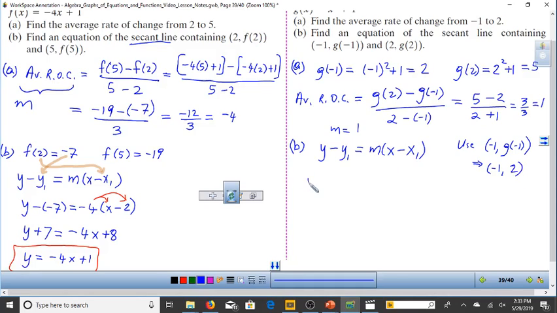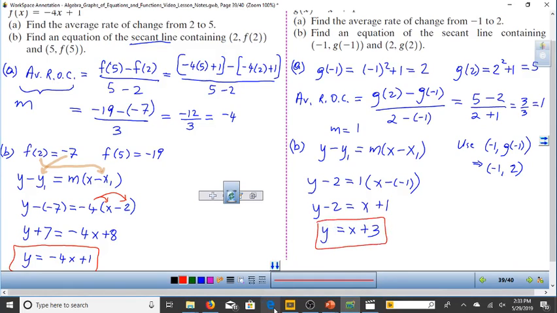So I just plug in the values. y minus 2 is equal to slope 1 times x minus -1. So y minus 2 is equal to x plus 1. So y is equal to x plus 3. And that is the end of that question. That's the equation of the secant line. So the average rate of change is just the slope of the line segment joining the endpoints.